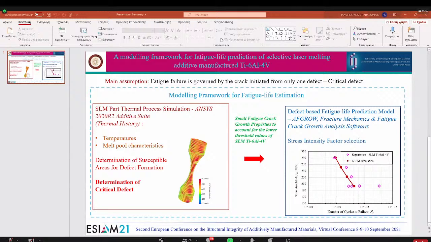It should be mentioned that small fatigue crack growth properties were considered to account for the lower threshold values of SLM Ti64 due to the negligible effect of crack closure. And as it can be seen, a good correlation with experimental results was achieved, as the predicted results lie within the dispersion of the experimental ones.